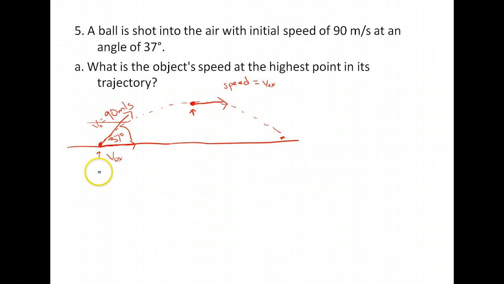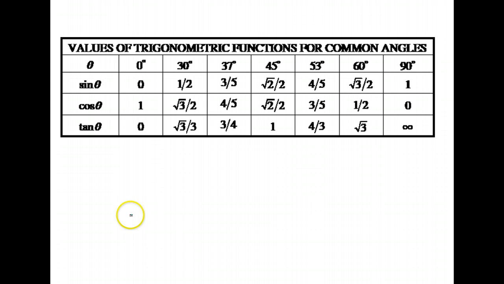So how do we find horizontal velocity? We'll go back to our equation for horizontal velocity. Remember, it's equal to the initial velocity times the cosine of the angle. Cosine, because it is adjacent to the angle. So let's plug in our number for initial velocity, 90 meters per second, times the cosine of the angle, which is 37 degrees. Okay, so what is that cosine of 37 degrees?